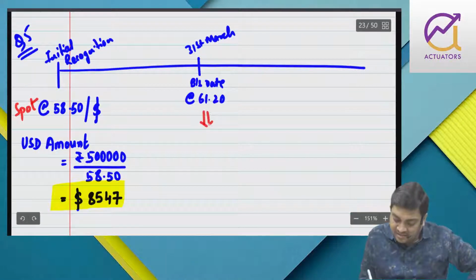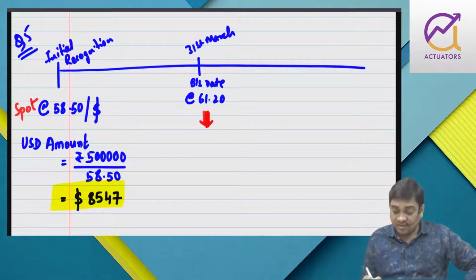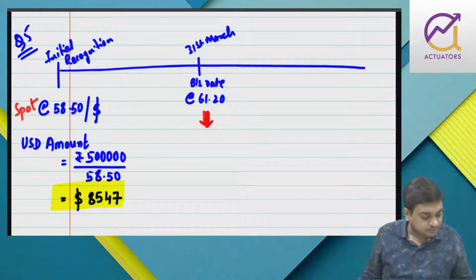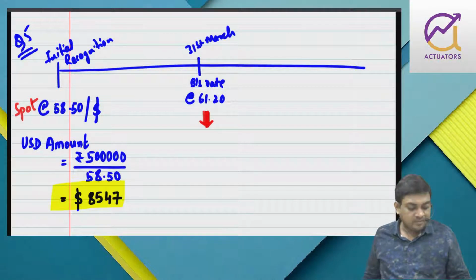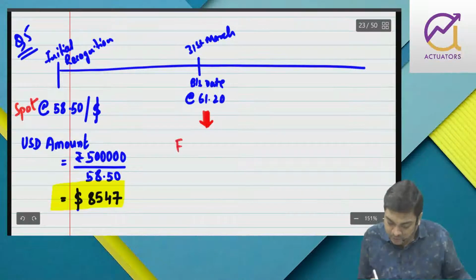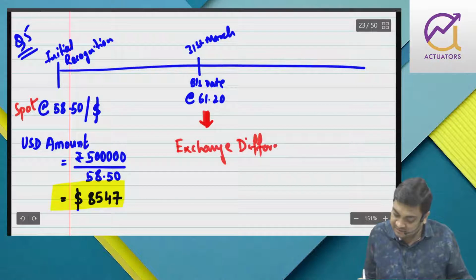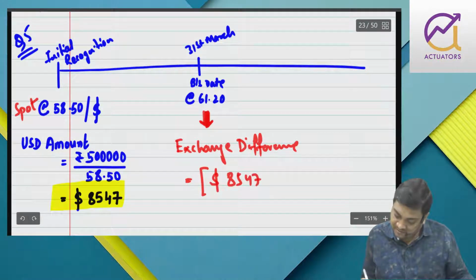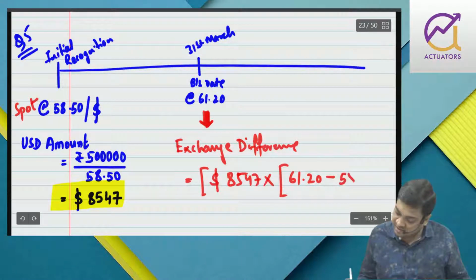Now this foreign debtor will be subsequently revalued on the balance sheet date at the then spot rate. Right? So I can calculate the exchange difference: $8547 into 61.20 minus 58.50.